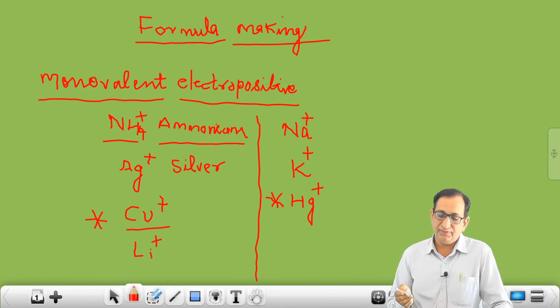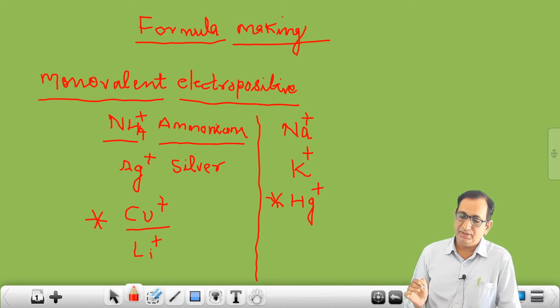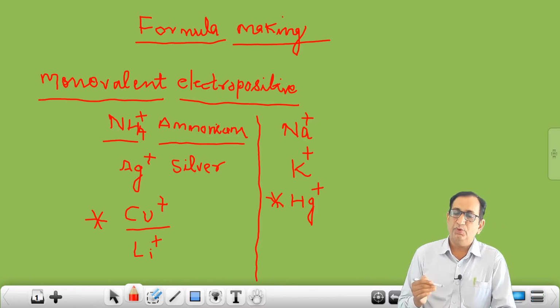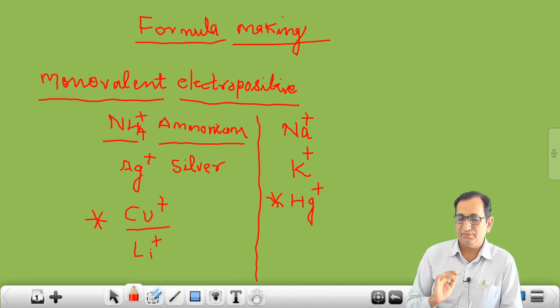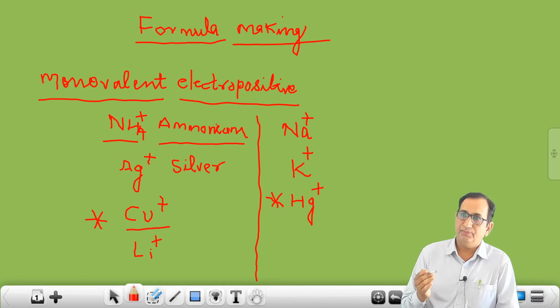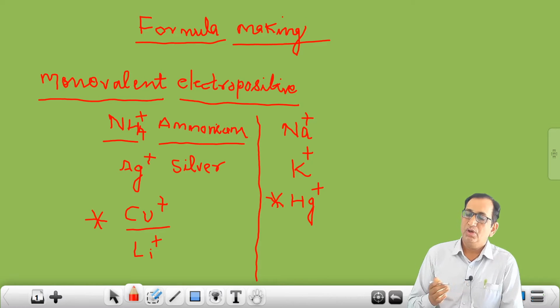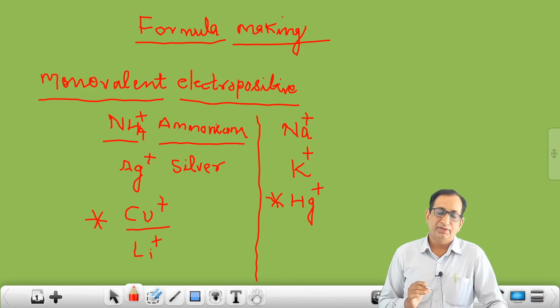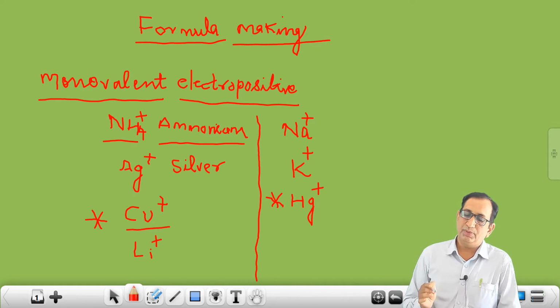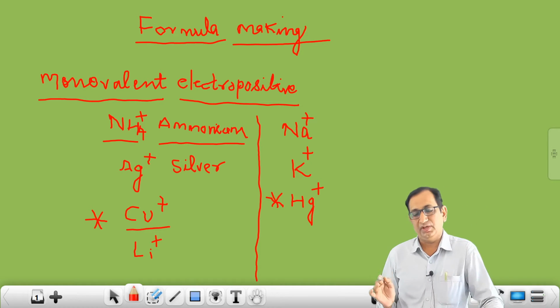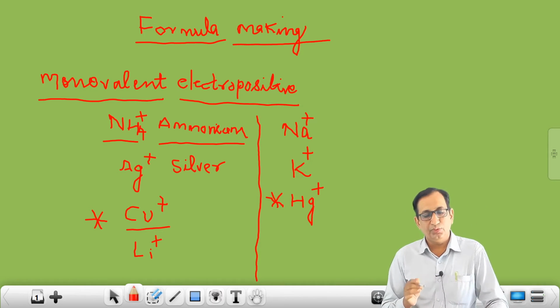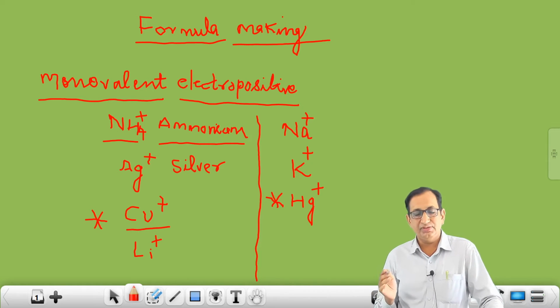These valency variations you have to learn very carefully, students. So students, here we have discussed the main monovalent electropositive. It is monovalent. Mono means single, only one, valent means valency. That whose valency is single and positive is known as monovalent electropositive ions. So these are monovalent electropositive ions.